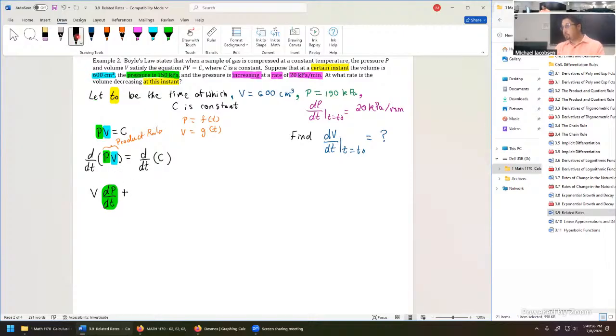It's a product rule, so we go plus. Now we're copying P down. We're taking the derivative of V, so this becomes dV dt. Equals, on the right, the derivative of C. Because it's a constant, we get to use the constant rule on that one. It comes out as 0.